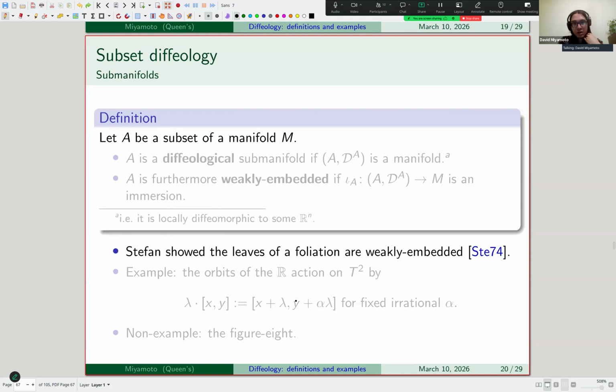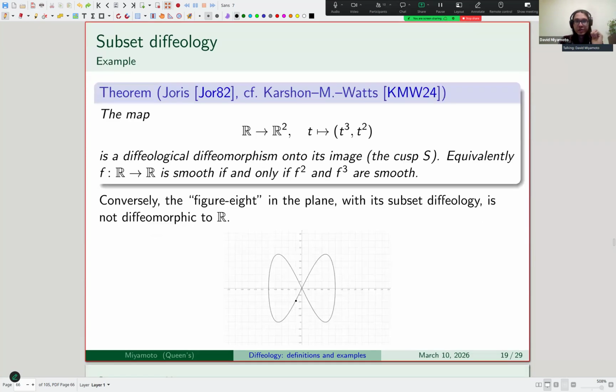And so we can actually make some definition if we have a subset of a manifold. Because we have this weird distinction of the subset S, which is diffeomorphic to R, and the figure 8, which is not diffeomorphic to R, but yet is an immersed submanifold.